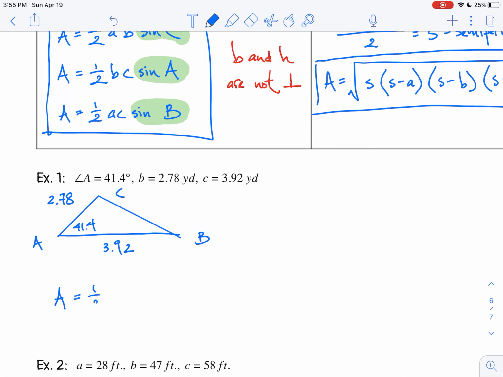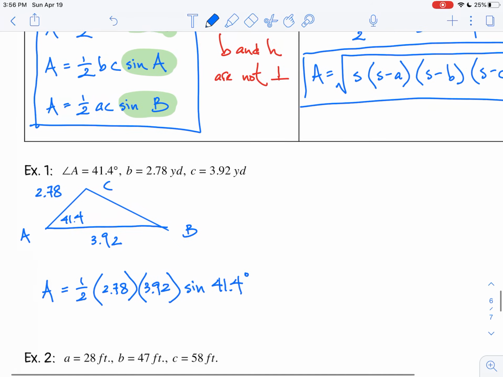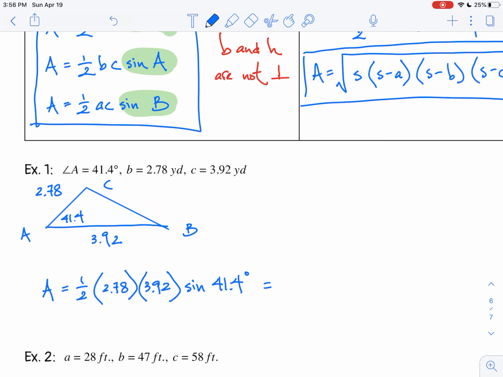It says I can have 1/2 times one side times another side, but if I'm not sure they meet at a right angle, I need to multiply by the sine of the angle in between them, and that takes care of the fact that it's not a right triangle. So 1/2 times 2.78 times 3.92 times sine 41.4 gives me an area of 3.603 square yards.